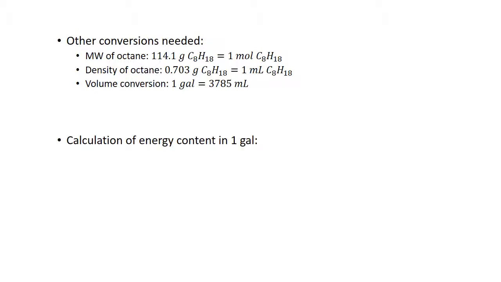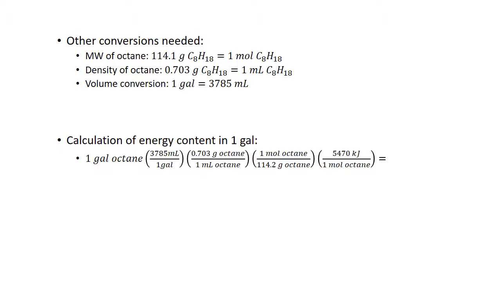So the calculation proceeds by starting with 1 gallon of octane. We use this conversion to convert gallons to milliliters. We use the density to convert milliliters of octane into grams of octane. Then we use the molecular weight to convert grams of octane into moles of octane.